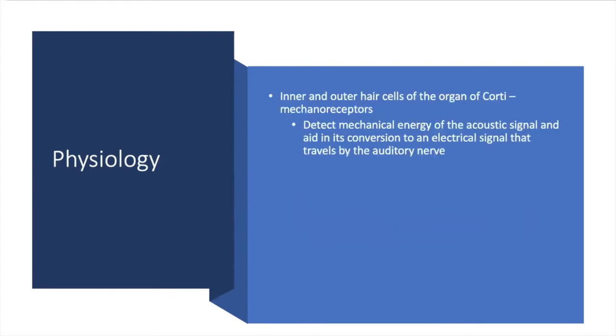The inner and outer hair cells of the organ of Corti have different innervation patterns, but both are mechanoreceptors. They detect the mechanical energy of the acoustical signal and aid its conversion to an electrical signal that travels by the auditory nerve. The afferent innervation relates principally to the inner hair cells, while the efferent innervation relates principally to the outer hair cells.